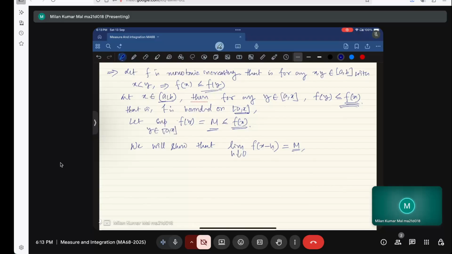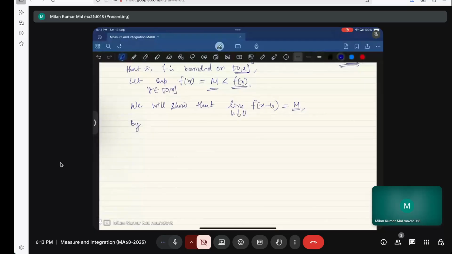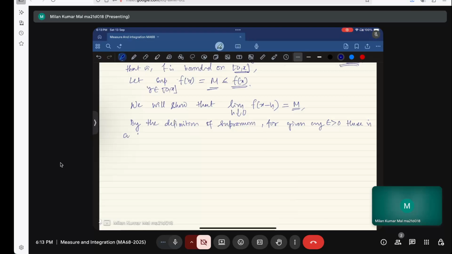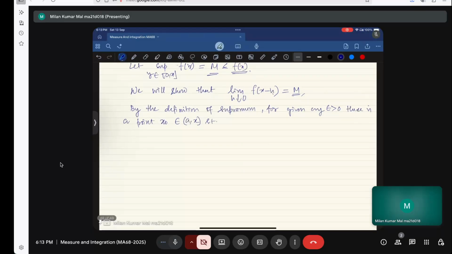So what we get here, by the definition of supremum, for any given epsilon greater than 0, there is a point x naught belonging to the interval [a, x] such that M minus epsilon is less than f(x naught), which is less than or equal to M, and that is less than M plus epsilon.